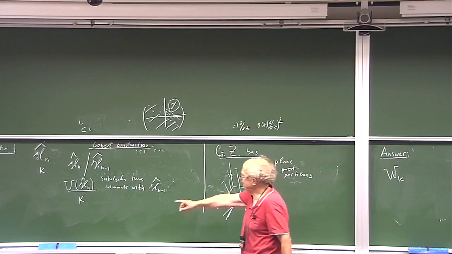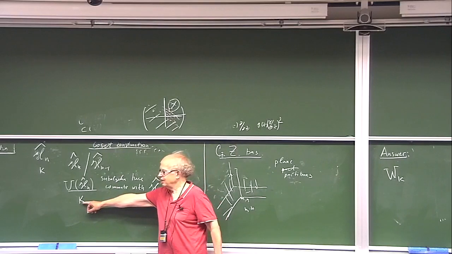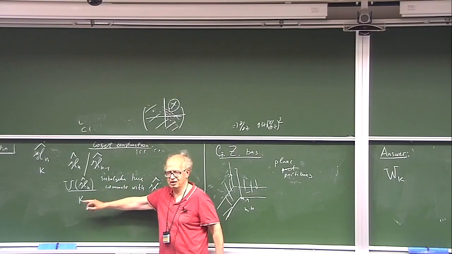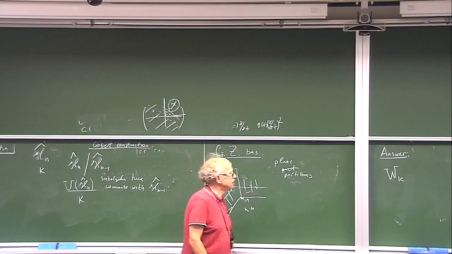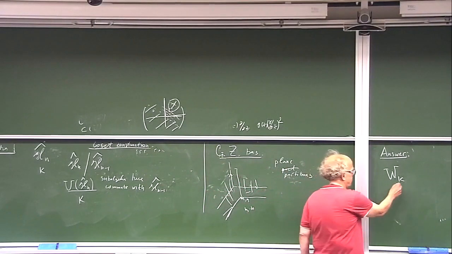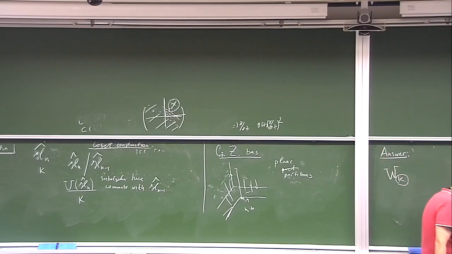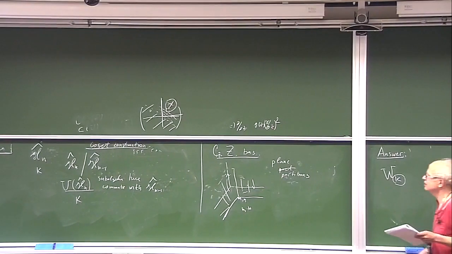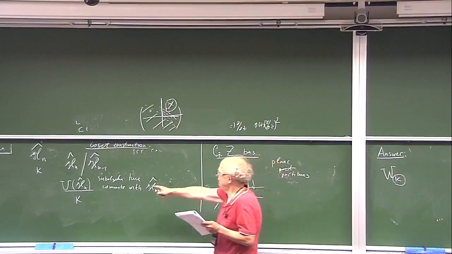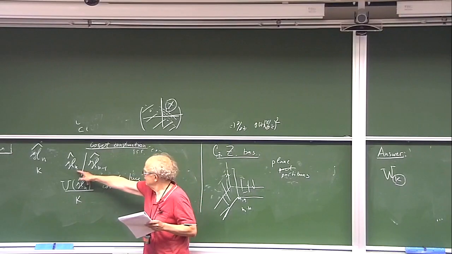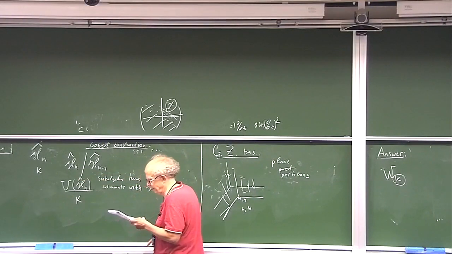So now k is an integer, or not an integer, it can be any. As a result we get an algebra where these parameters become complex, but still something here is an integer, and this is the integer n.